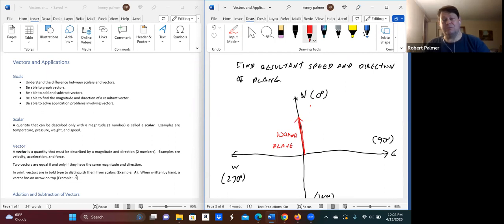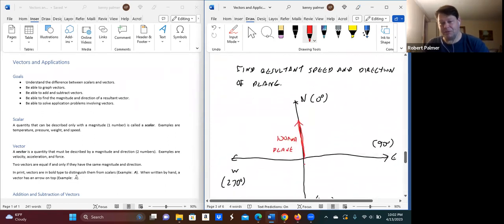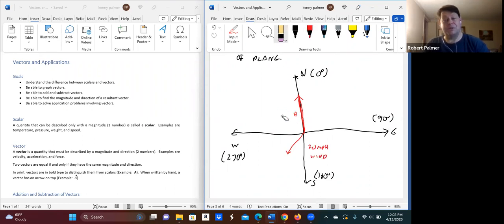But the wind is coming from, let's see, 225 at 20 miles an hour. So 225 should be right in the middle of these two, at 20 miles an hour. That's the wind. Once again, I realize I should have written this on the other side.